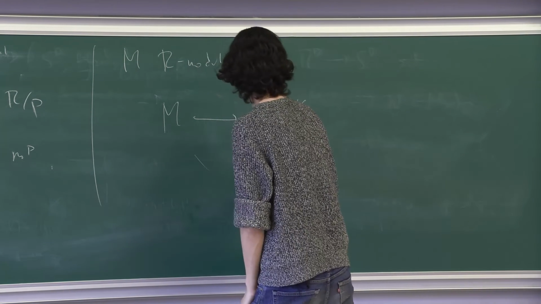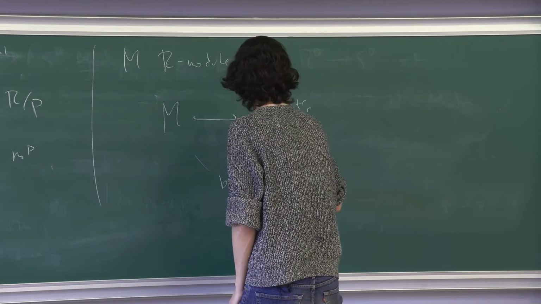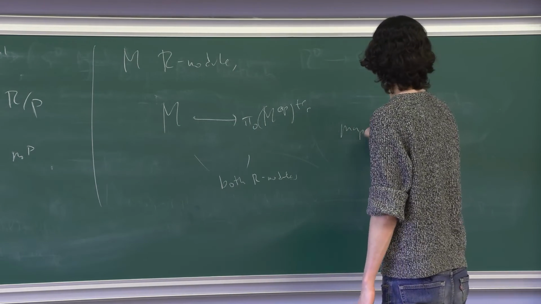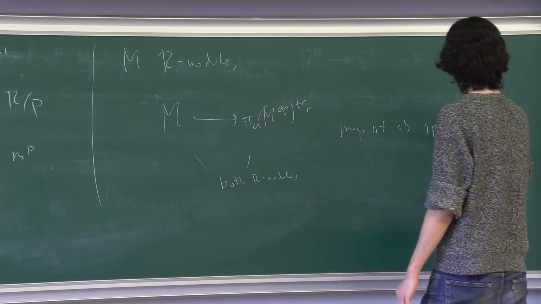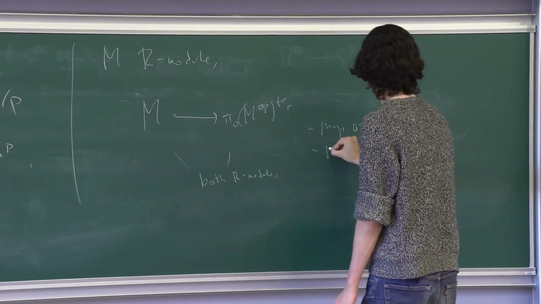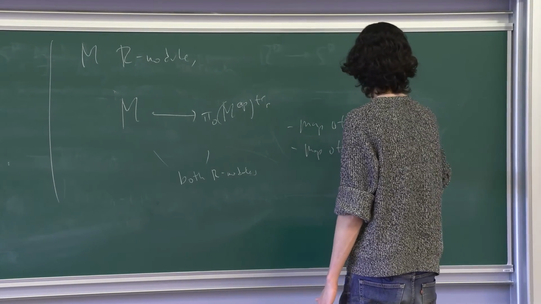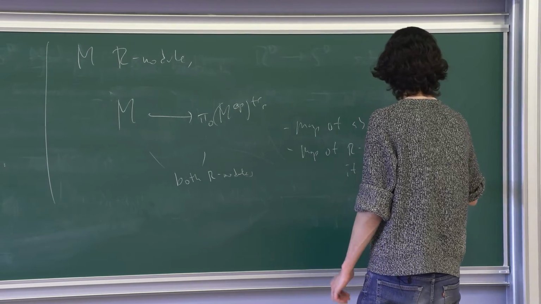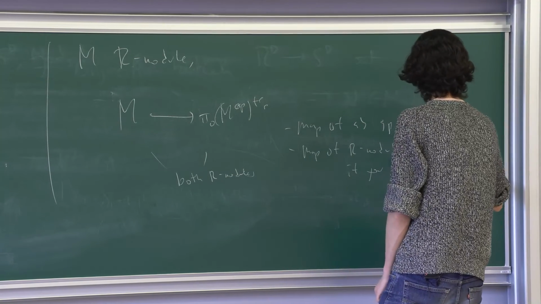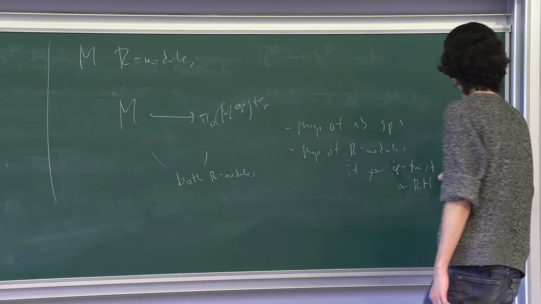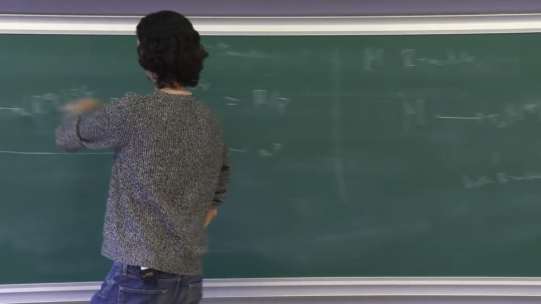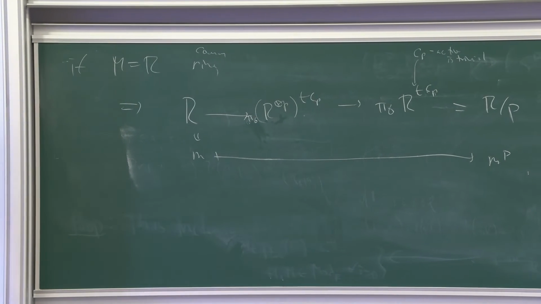So these are both R modules, but this is a map of abelian groups, not a map of R modules. But in fact it is a map of R modules if you Frobenius twist, the phi twist, on the right-hand side. So in other words, this abelian group level Frobenius is kind of linear over the ring level Frobenius in the appropriate sense.